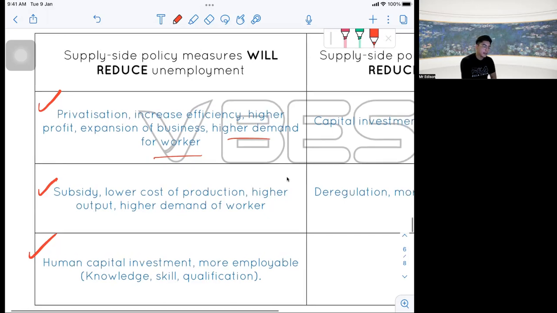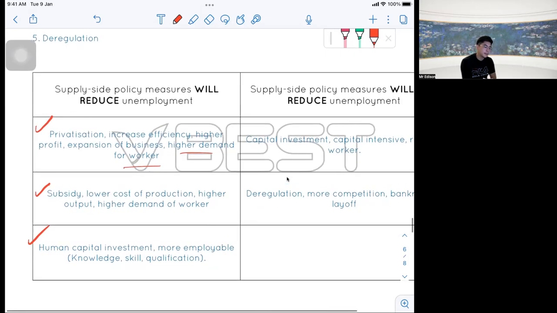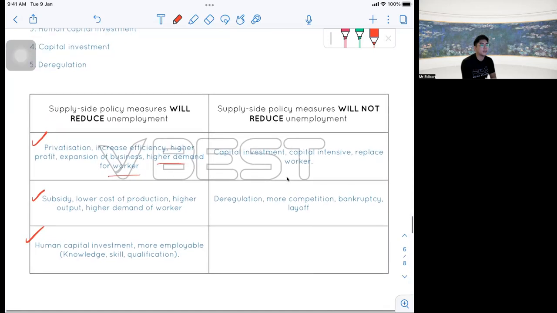Okay, and then the bad things. Capital investment: capital intensive, replaces workers. Yes, if you spend a lot of money on capital investment, better machines, they will replace workers. You become capital intensive production. Okay, and then deregulation is more competition, bankruptcy, layoffs.